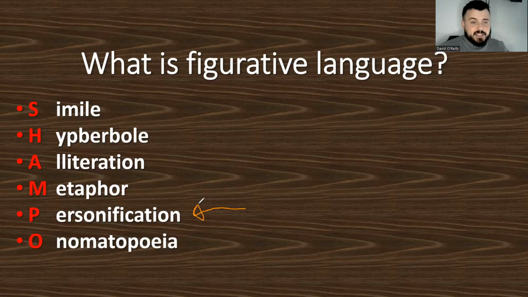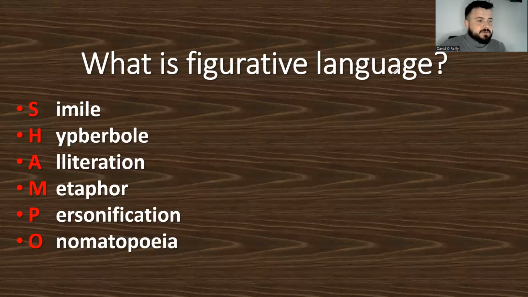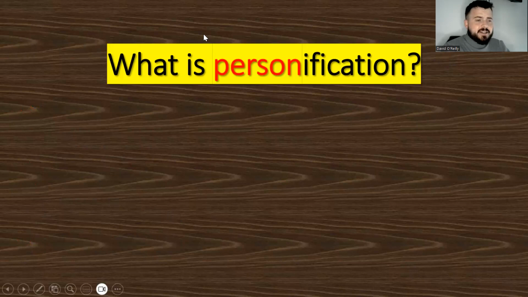Okay, personification is probably my favorite type of figurative language. We see it all the time in text, sometimes without even realizing it. Personification is a great way of making your writing more engaging, more vivid, and bringing your writing to life. Okay, so what is personification? Now, the clue is in the name. Personification, person.